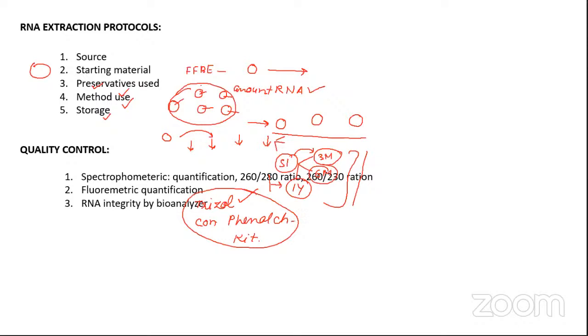If you are using phenol chloroform, then phenol contamination might come, protein contamination might come. If you are using kit method, you need to see which kit you are using, whether for FFPE you are using the appropriate kit or not, you are removing the wax from it properly or not. So all these factors play an important role in the quality and quantity of our RNA.